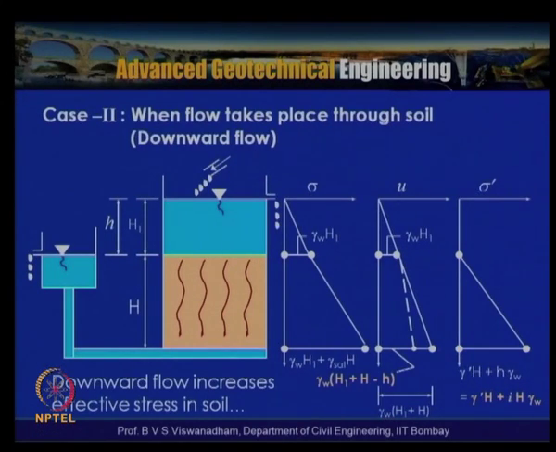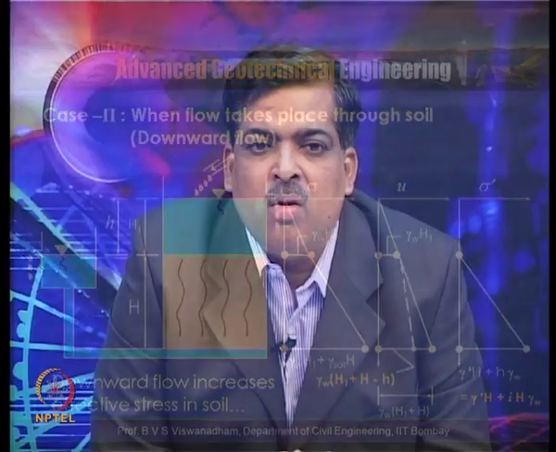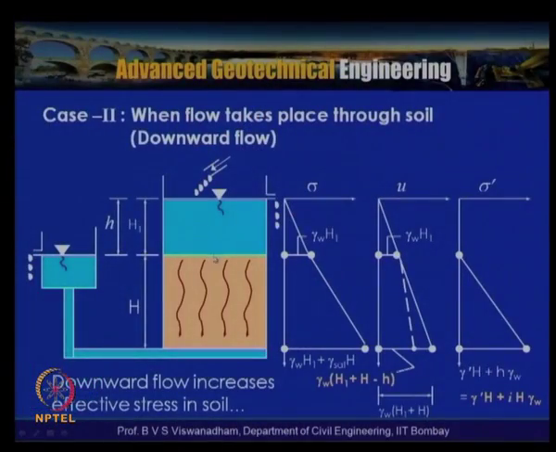So the hydraulic gradient is i equals small h by capital H. At the beginning, where the soil surface commences, the head available is H, and at the other end the head available is 0.